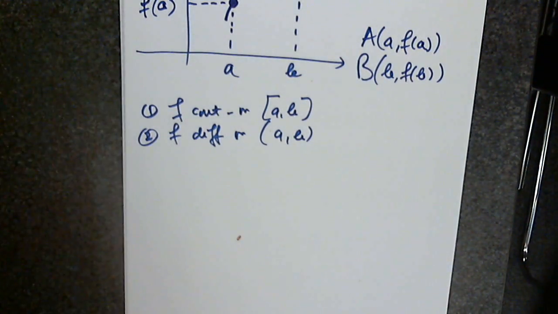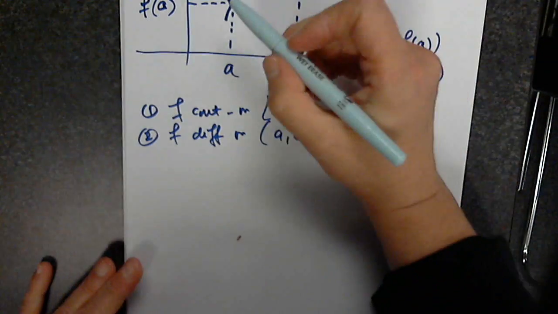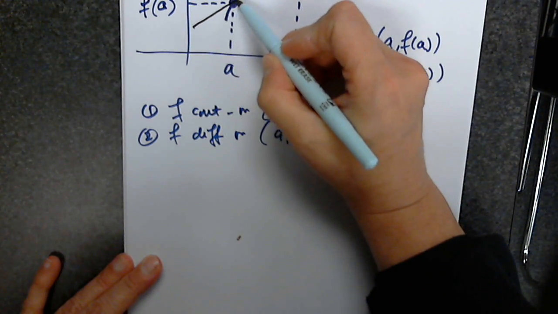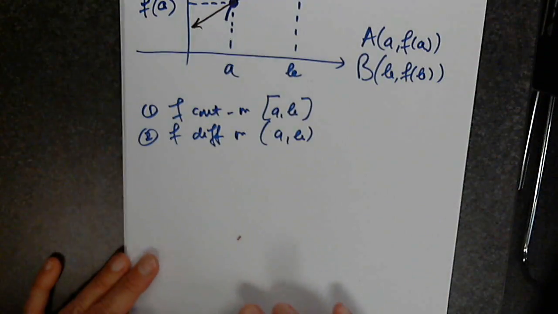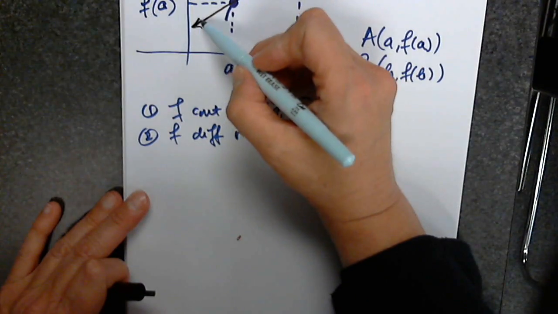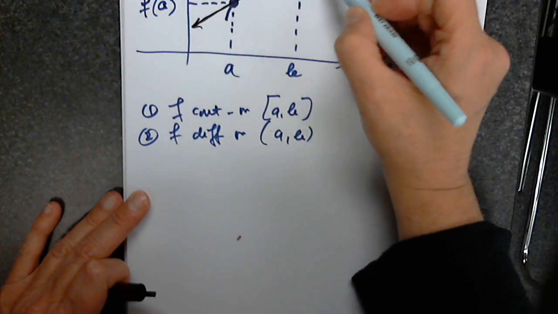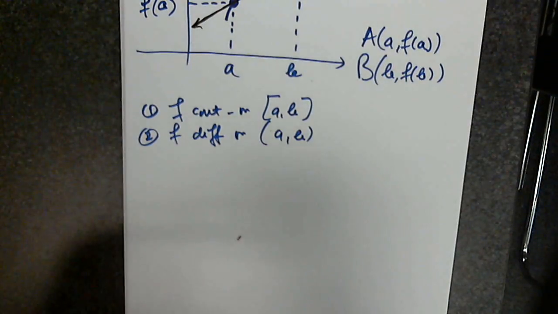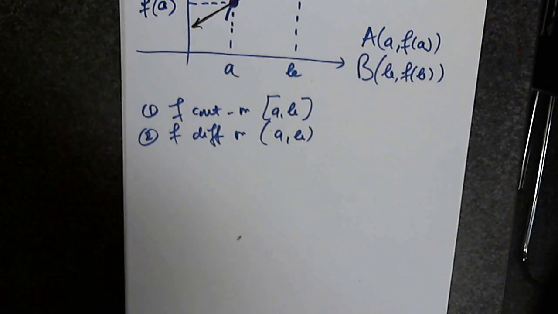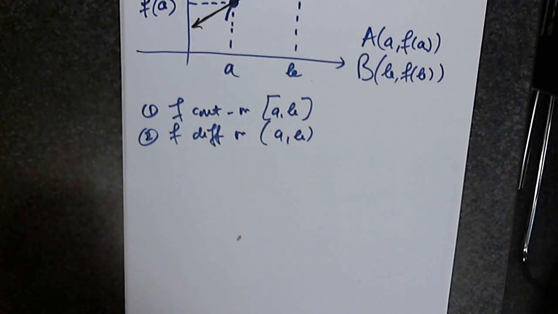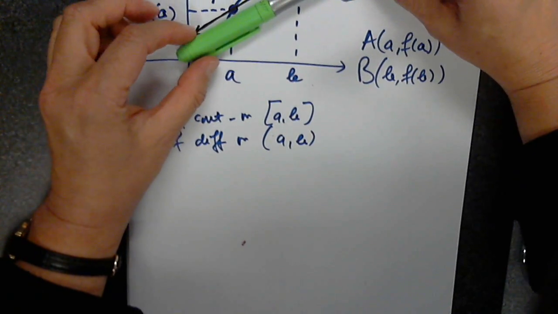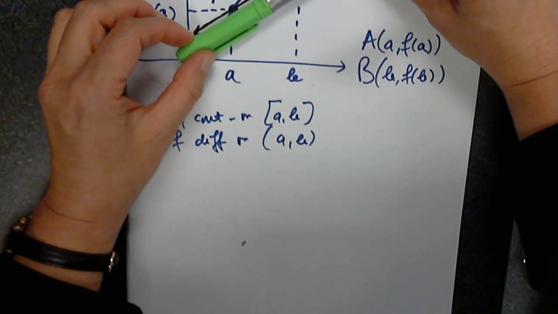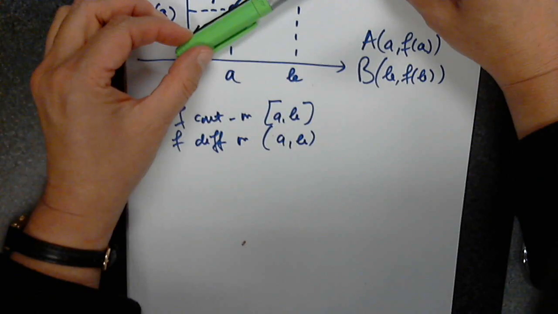So please watch for a second. I will draw a secant line, nothing to do with a trig secant. So this is a line going through A and B. And next I'm going to draw a line that is a tangent line parallel to this one.